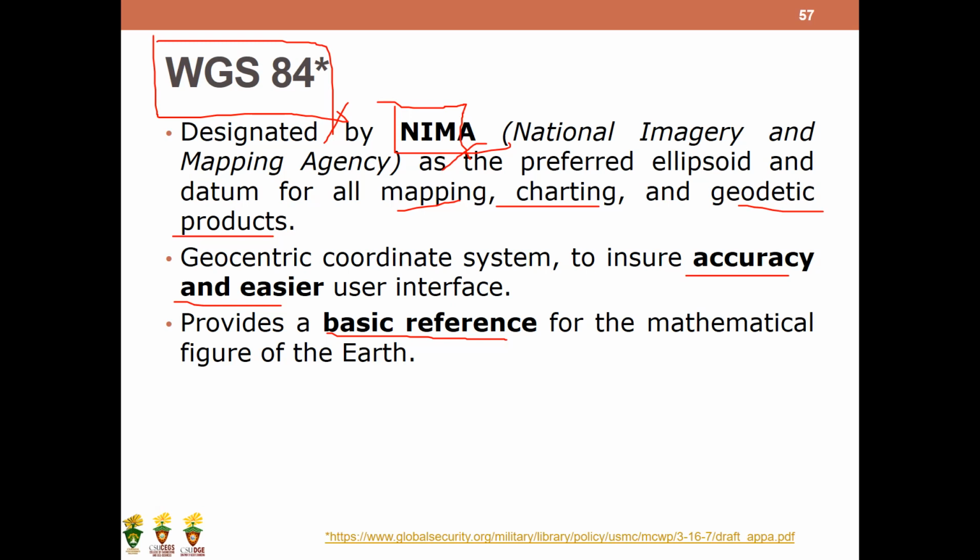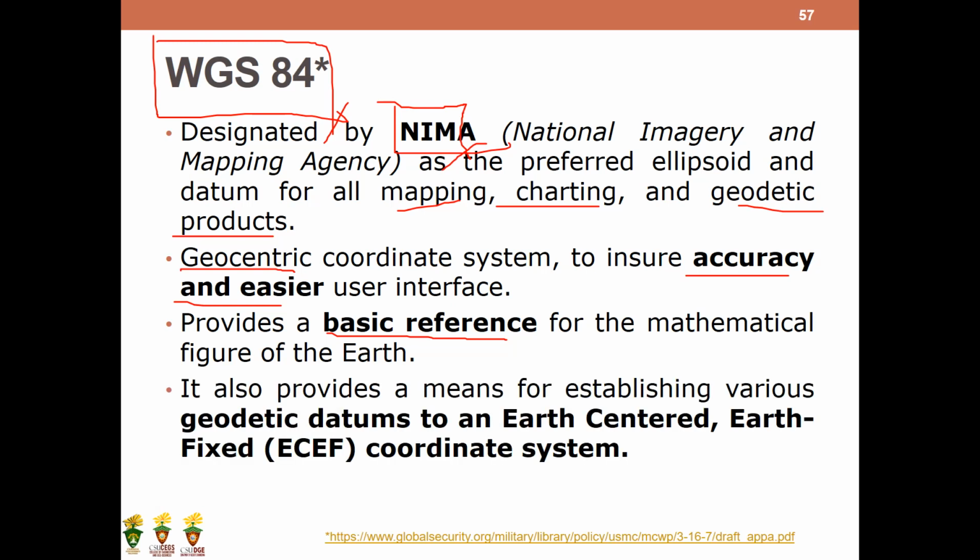All formulas were derived mathematically to have easier and more accurate output. Since it is geocentric, it is acknowledged worldwide. It also provides a means of establishing various geodetic datums to Earth-centered, Earth-fixed, or ECEF coordinates. So WGS84 is used for establishing that.